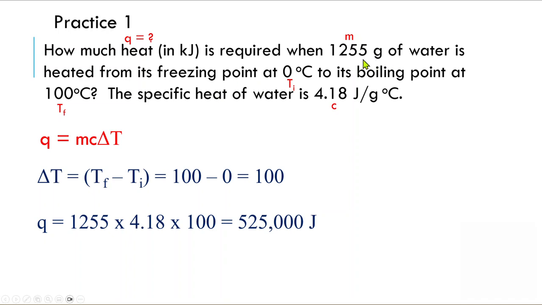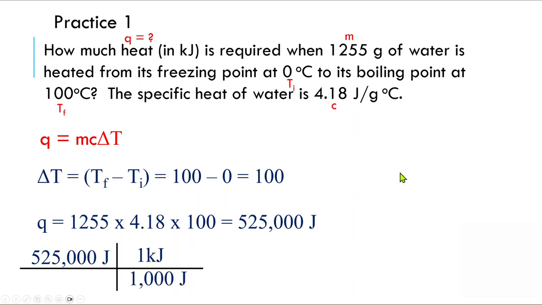It's joules because we plugged in our mass in grams. We need kilojoules though, so we're going to have to convert those joules into kilojoules. We're going to plug in our conversion factor, dividing by the 1,000 joules so that joules cancels, and that'll give us 525 kilojoules, which is your answer, so put a box around it.